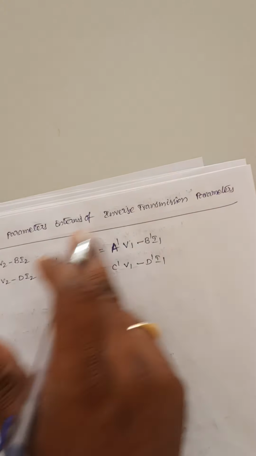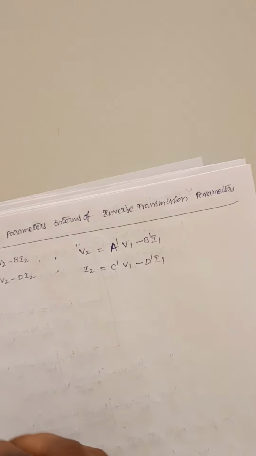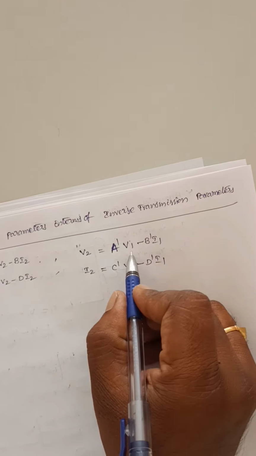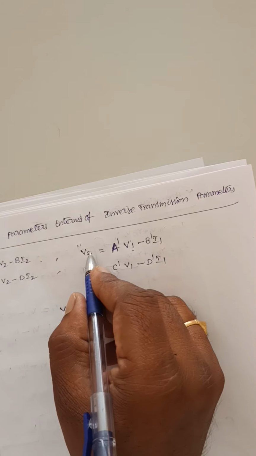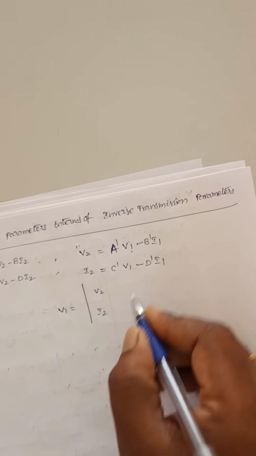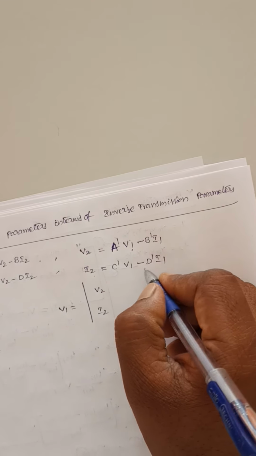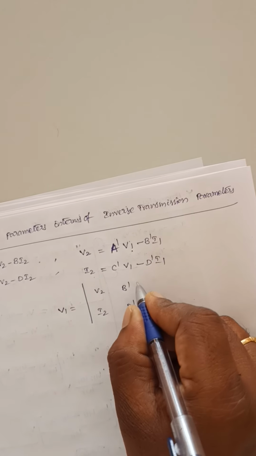For this type of relation, I need to use the first method, that is, here V1 is equal to you substitute V2 and I2. Now here you see, take this one as b dash d dash. Why?